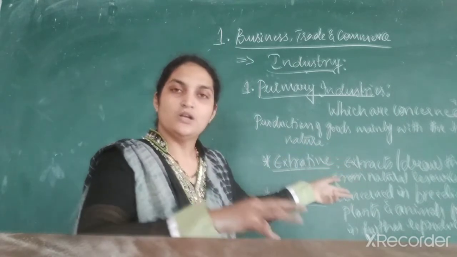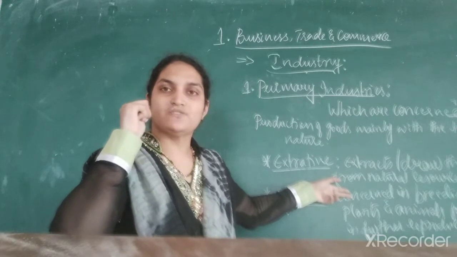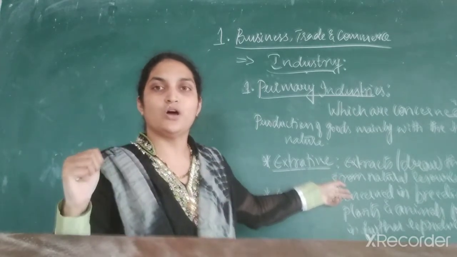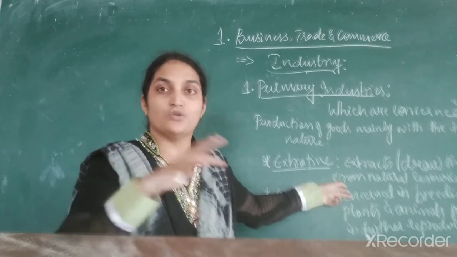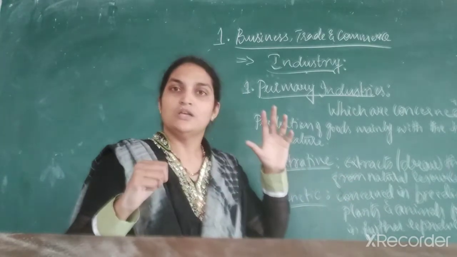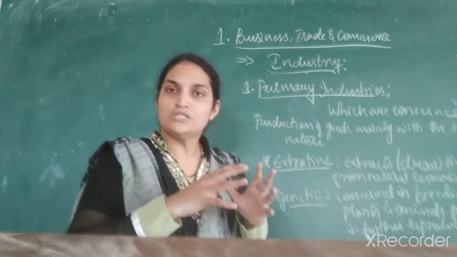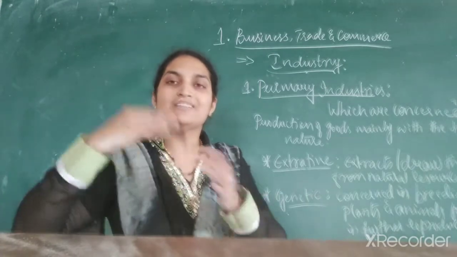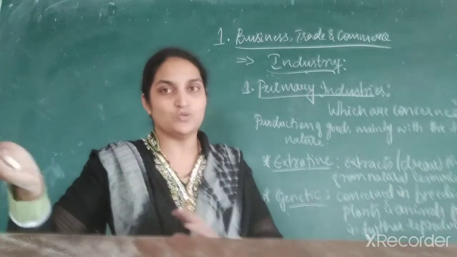Extractive industries involve drawing of natural resources from the surface of the earth. From the surface of the earth you are drawing the materials or goods, that is called extractive industries. Whatever goods we have extracted are further transformed or converted into other usable goods.